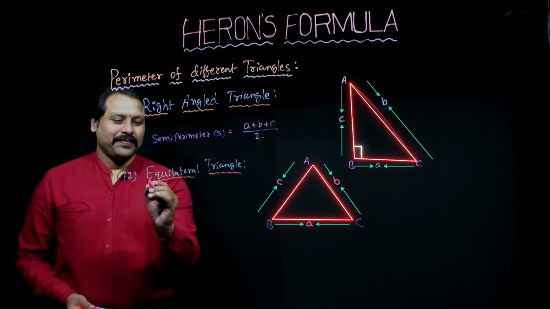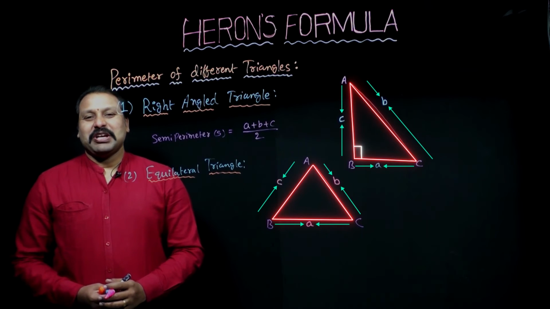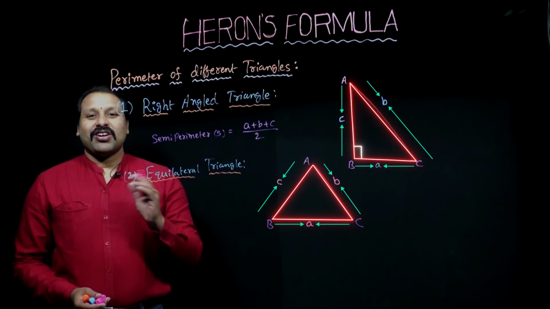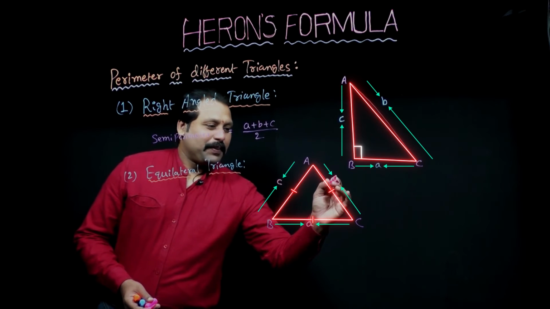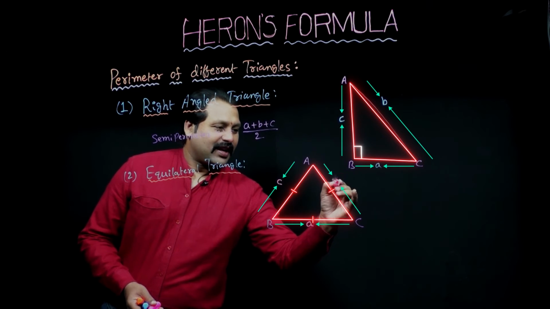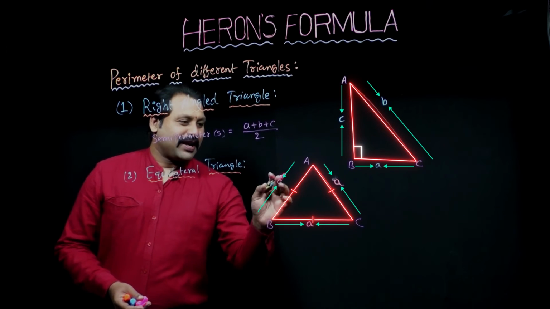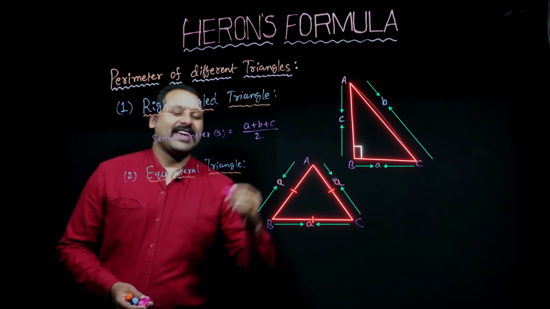But here we consider an equilateral triangle. Equilateral triangle means all sides are equal. That's why my side BC is also taken as a, and my side AB is also taken as a.